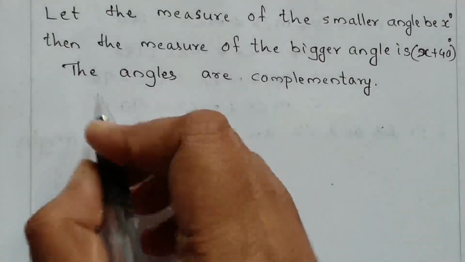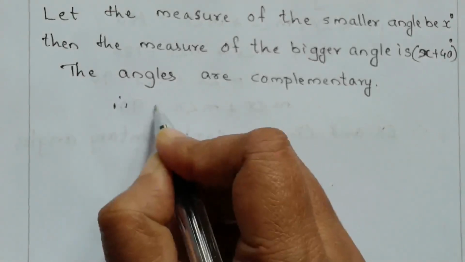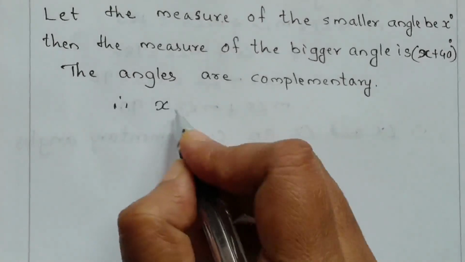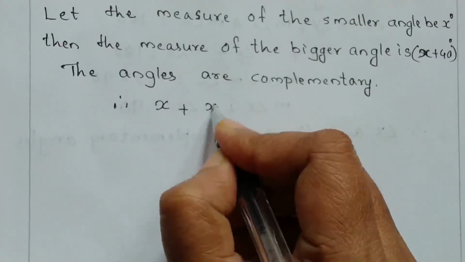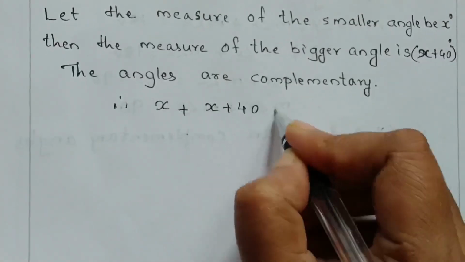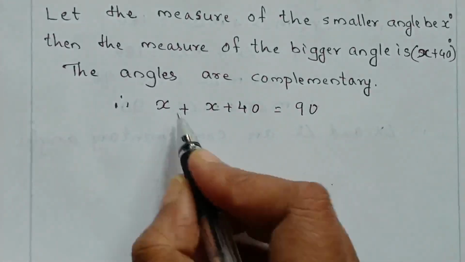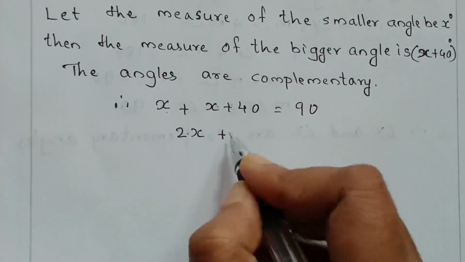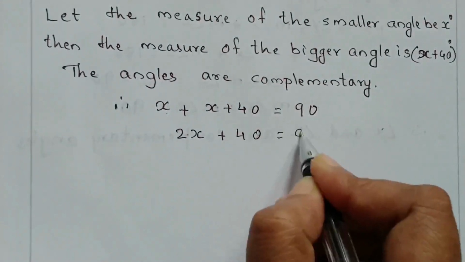So what can you write? Therefore, the smaller angle plus the bigger angle is 90 degree. That means x plus x plus 40 is how much? 90. x and x together will give you 2x plus 40 is 90.